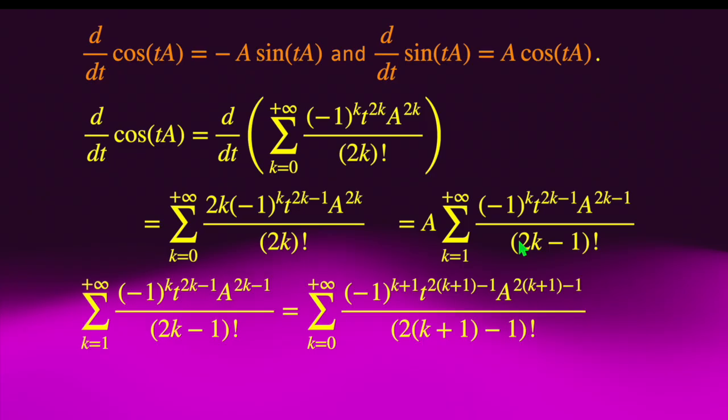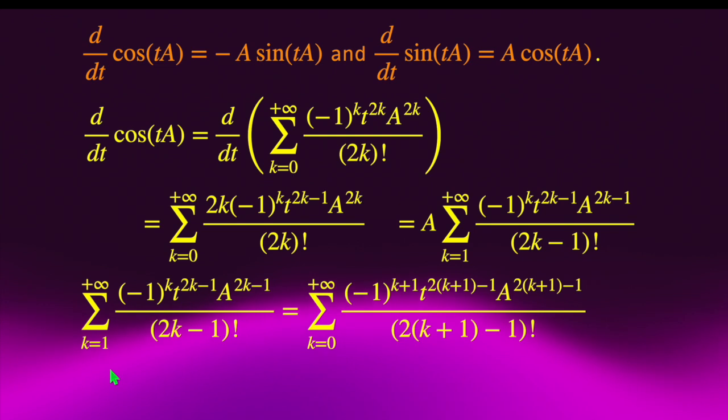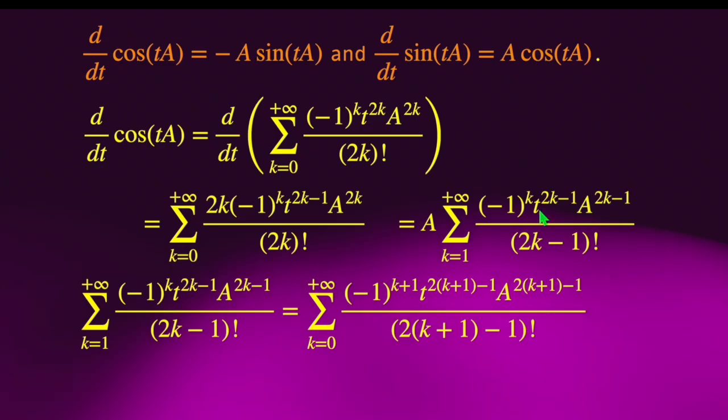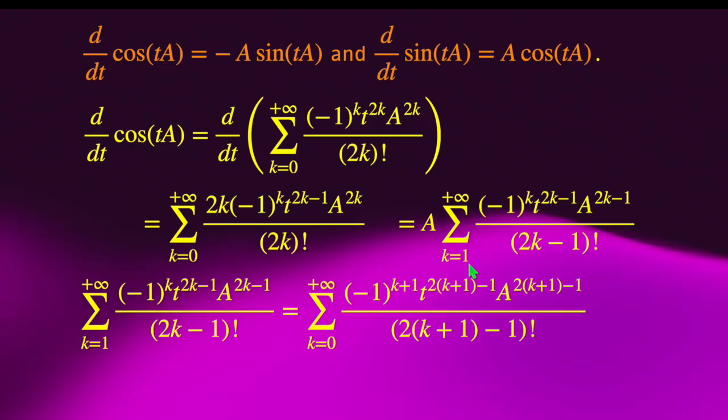So we will make a change of parameter. If I change k to k plus 1, instead of starting at 1, we start at 0. Here the case k equal to 0 gives 0, so here we take k equal to 1.